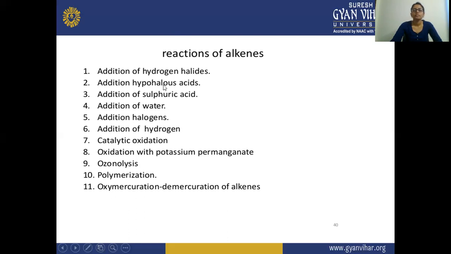Second is the addition of hypohalous acids, and third is the addition of sulfuric acid. Here the double bond is converting into a single bond, meaning the unsaturated bond is transforming to a saturated one.